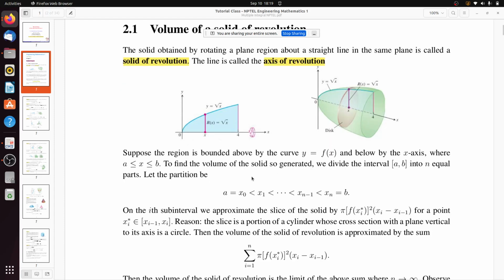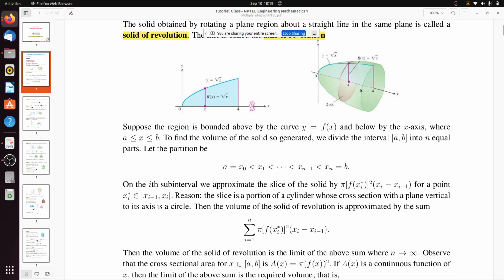And now you are to determine the volume of this paraboloid shape. Suppose the region is bounded above by the curve y equal to f(x) and below by the x-axis, where a is less than or equal to x less than or equal to b. For your graphical illustration, we have kept this as y equal to square root of x, and our a is 0 and b is 4.